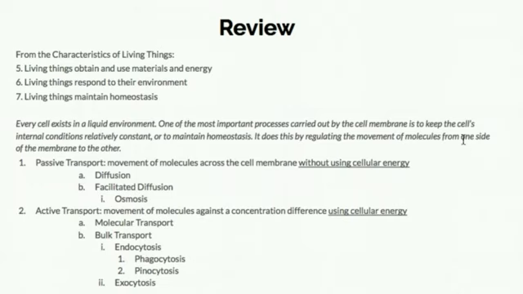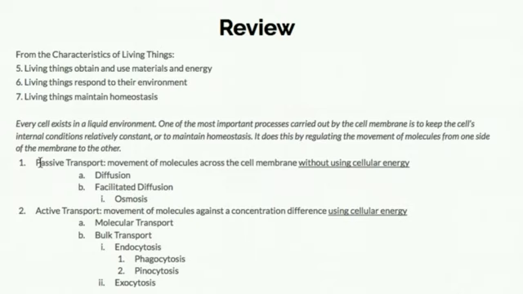So here is our quick review, because we did cover a lot. Remember, today our big idea was talking about the characteristics of living things. Every cell exists in a liquid environment, and one of the most important processes carried out by cell membranes is to keep the cell's internal conditions relatively constant, or to maintain homeostasis. It does this by regulating the movement of molecules from one side of the membrane to the other.